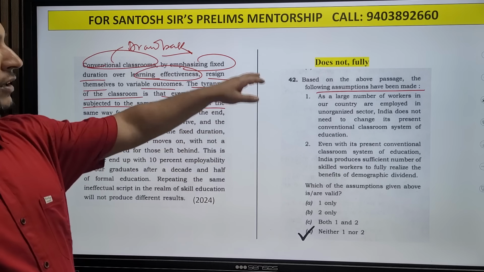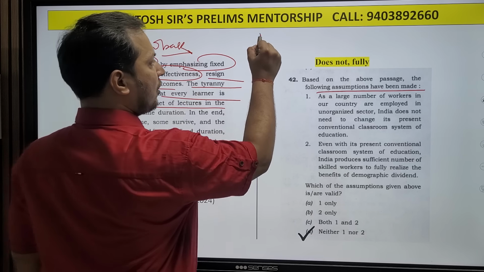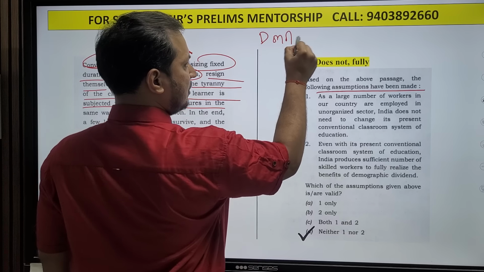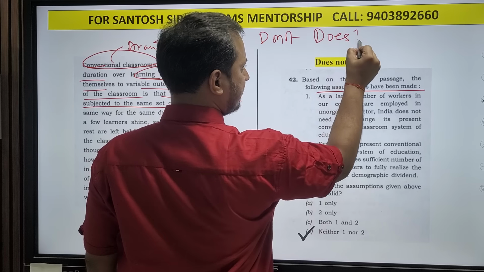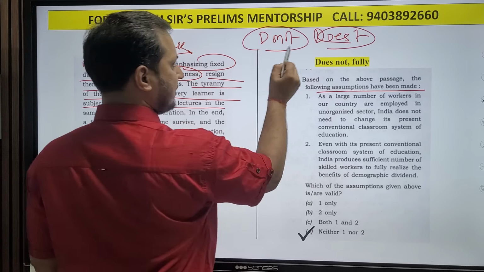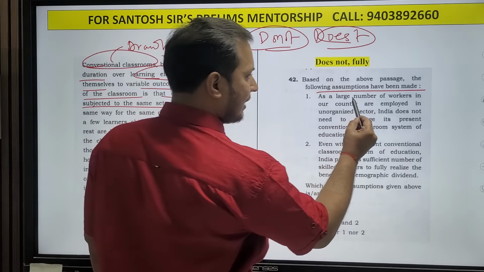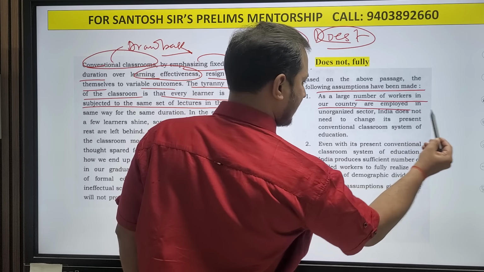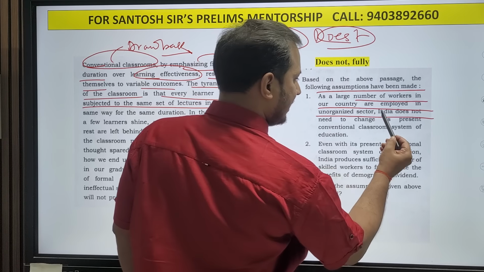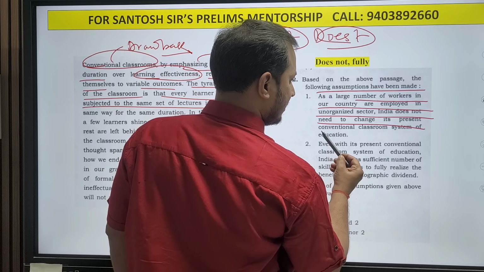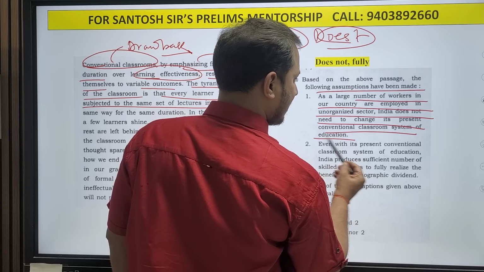Okay, look for the "does not". I've told you negative sentences are generally incorrect. So if you see here, a large number of workers in our country are employed in the unorganized sector. India does not need to change its present conventional classroom.